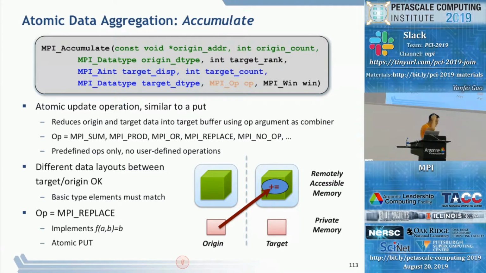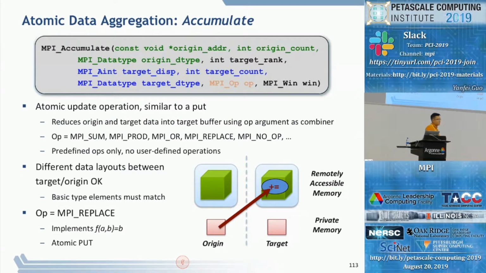Let's say the simplest case, I'm doing accumulate with MPI double, with MPI replace. So I'm doing an atomic put of an MPI double. Only that 8 bytes of remote memory is atomic. The atomicity is with respect to that 8 byte data, not the whole window.